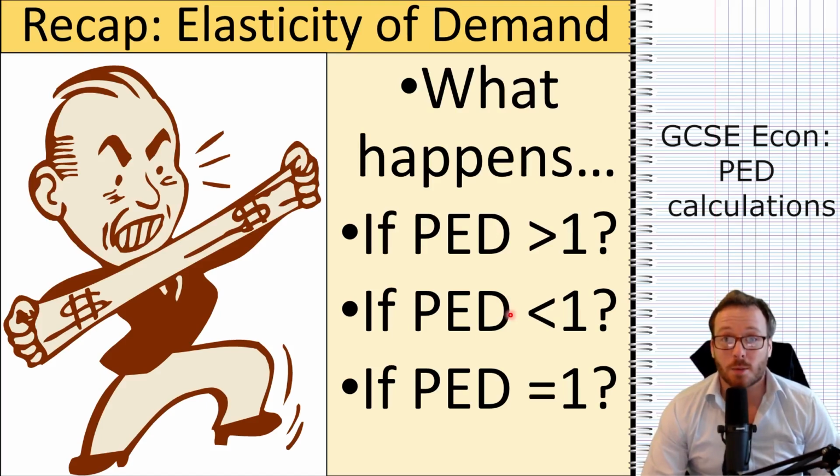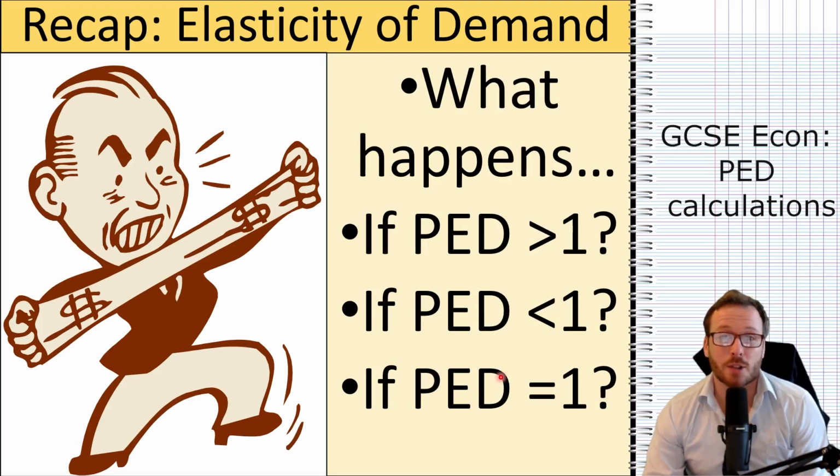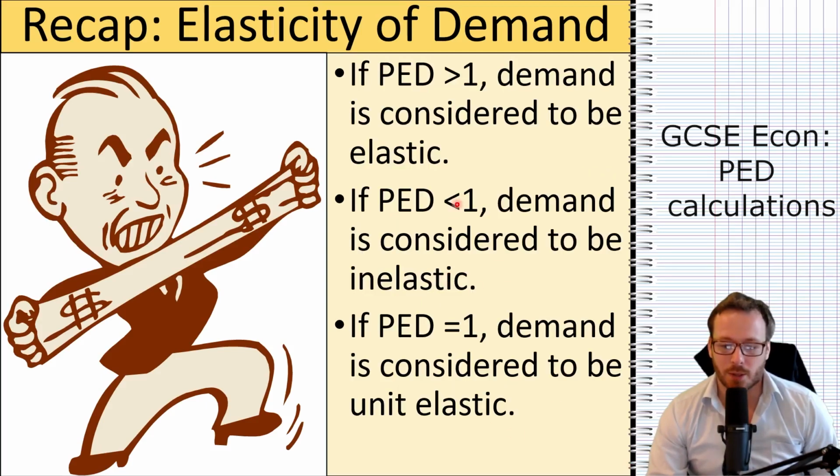If PED is less than 1, then we're going to have inelastic demand, meaning the percentage change in quantity demanded is going to be lower than the change in price. Companies can manipulate this to make some money. And what if PED equals 1? Unit elastic. So a 10% change in price will lead to a 10% change in quantity demanded. Have a look at this.